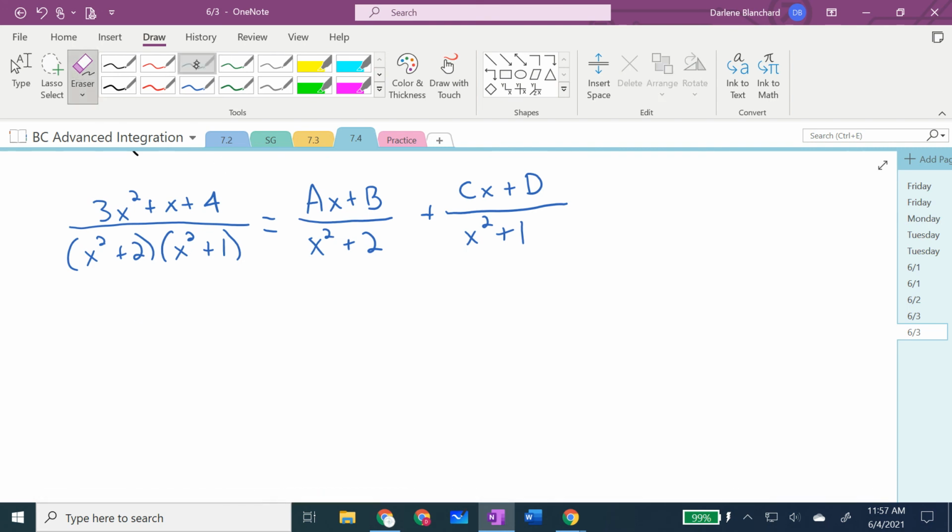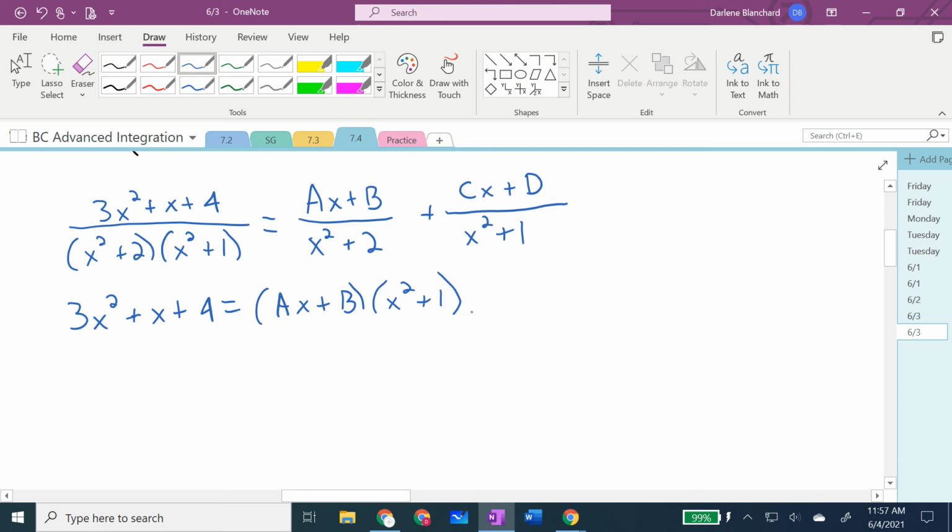Let's try that again. And then in this situation, it's probably ideal to expand the right side.